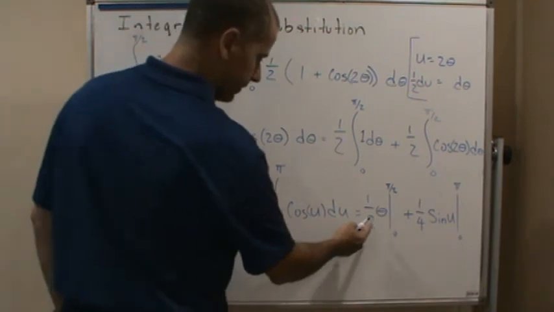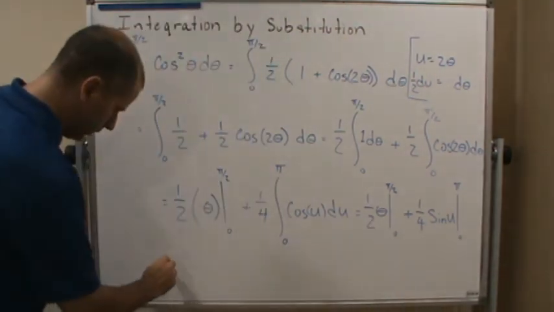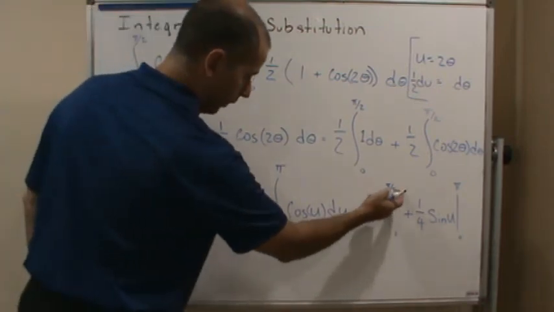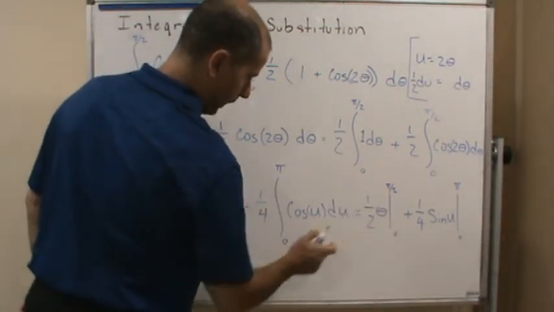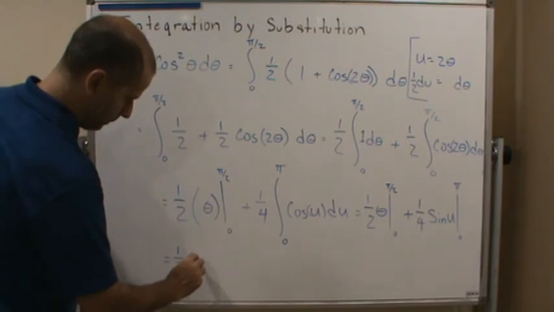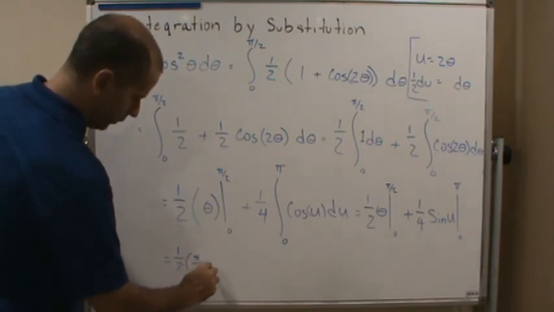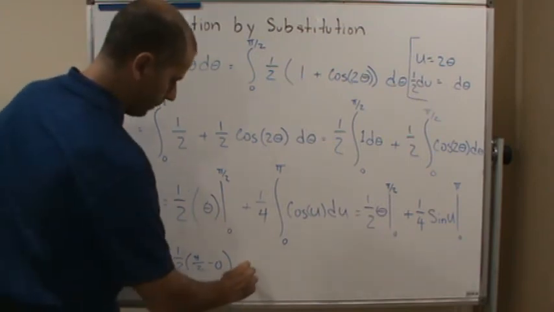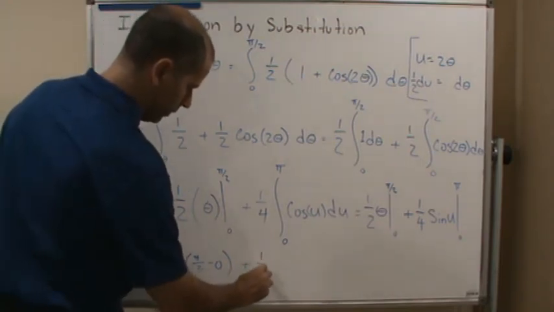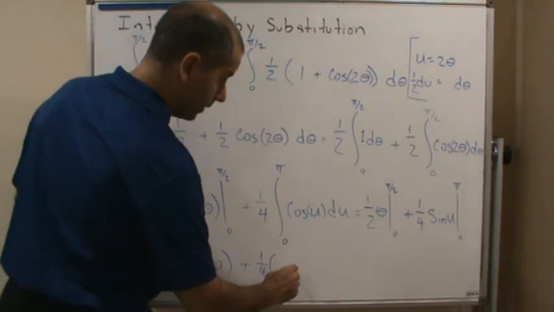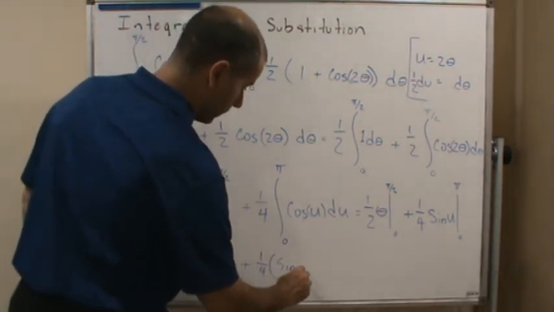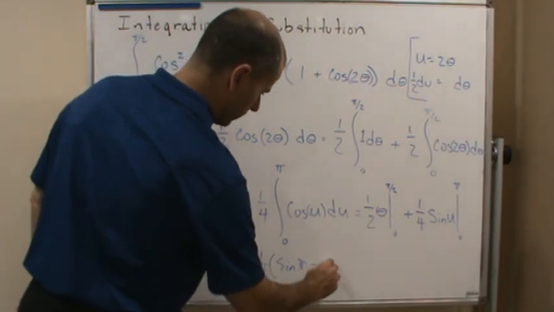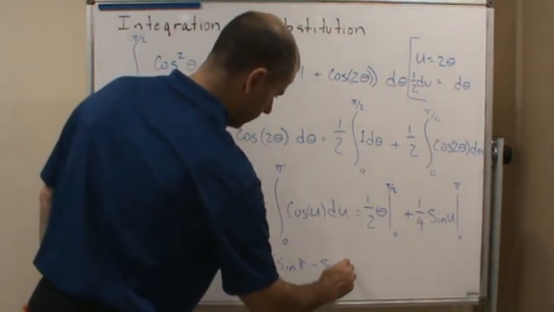Okay, so what is this? This is going to be 1/2, and then I'm going to evaluate it from 0 and pi over 2, so it's going to be pi over 2 minus 0, plus 1/4 times sine of pi minus sine of 0.